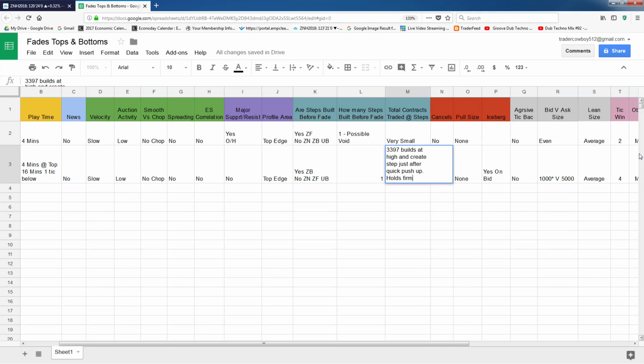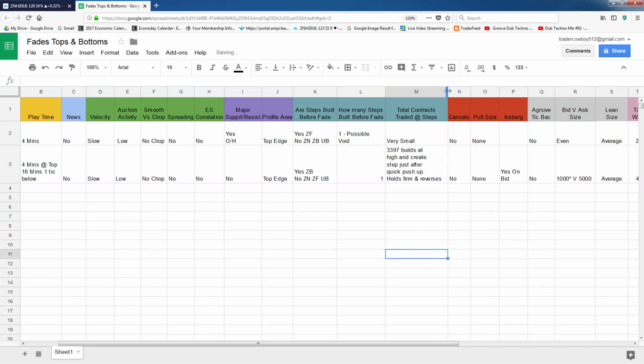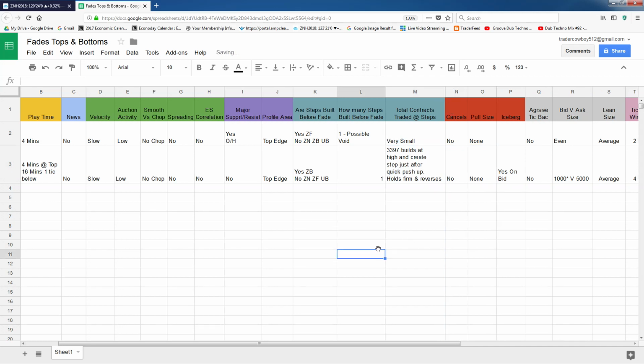Holds firm. Holds firm and reverse. Come on. Shit. All right, so it did hold firm and reversed.